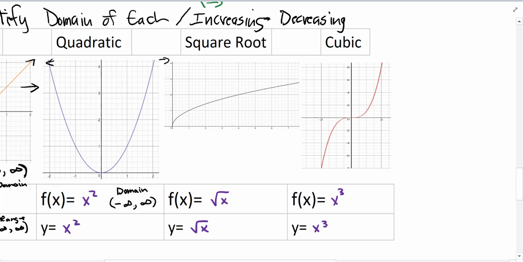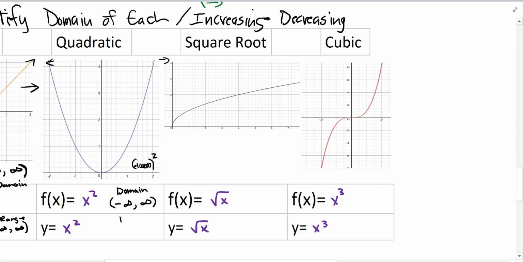Because look, we can put any x value into x squared. You could put in 1 and a bunch of zeros squared. You're going to get a much bigger number. And same with a negative number. There's nothing to restrict the x value that you put in here. So that's why the domain is negative infinity to positive infinity.